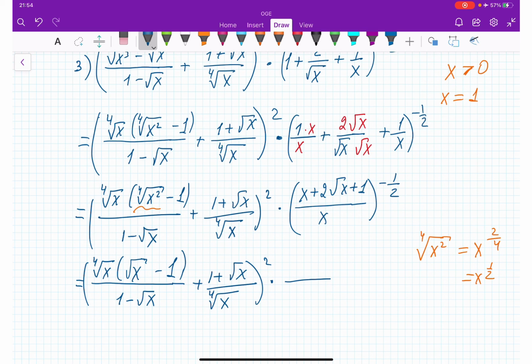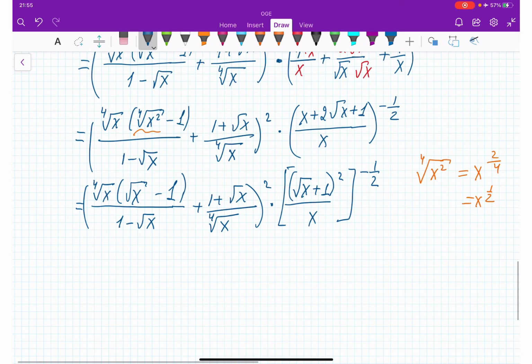What I'm going to do here, in the numerator, I will have (square root of x plus 1) squared, and in the denominator, I have x, and all this to the power of minus 1/2. Next step, I put a negative in front, with the fourth root of x.